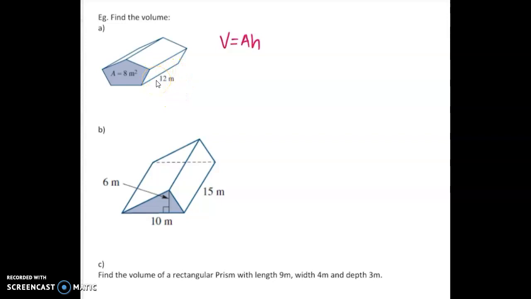Now one thing you need to note before you substitute that into the volume formula is that the units must be the same. So the units for area and the height must be the same. Because for example, if I had square meters, but my height was in centimeters, it wouldn't make sense if I multiply that together.